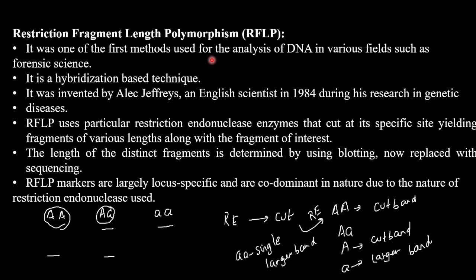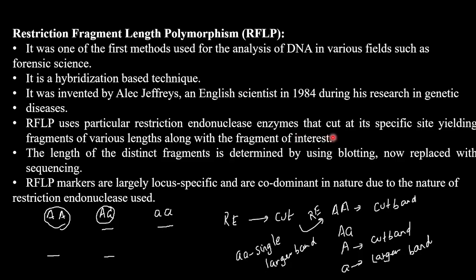It was the first method used for the analysis of DNA in various fields like forensic sciences. It is a hybridization based technique because whatever fragments you are getting, you are hybridizing them with the probes. It was invented by Alec Jeffreys, an English scientist, in 1984 during his research in genetic diseases.